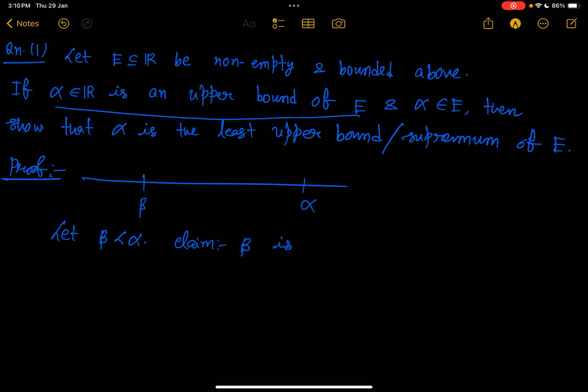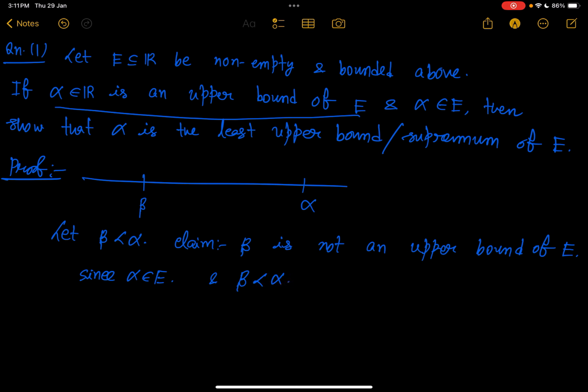So claim: beta is not an upper bound of E. It cannot be an upper bound of E since alpha is itself inside the set E and beta is less than alpha.